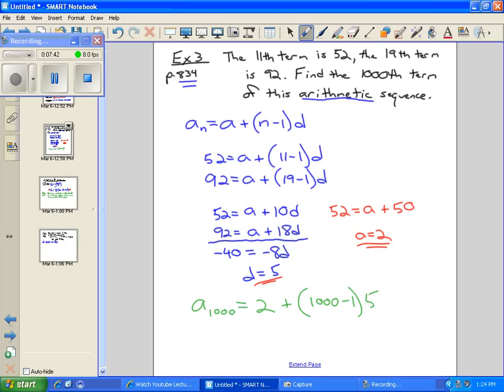D, remember we found, was 5. You'll work all that out. You get 2 plus 999 times 5. That gives you an answer here of 4,997. You can use your calculator there to figure that out if you can't do all that in your head. But that's your answer. Okay?